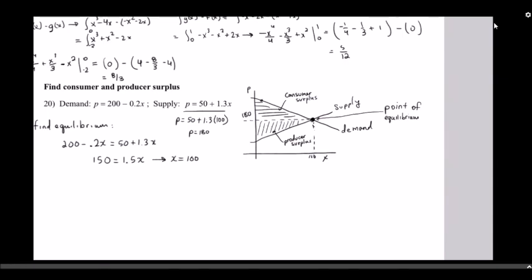So this line represents what a consumer is willing to pay for this good, and then this equilibrium point is what they actually pay. The market price is lower than what the consumer would be willing to pay for this product. So that results in consumer surplus.